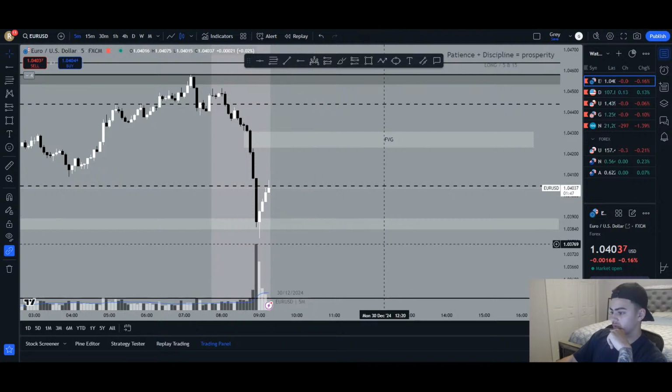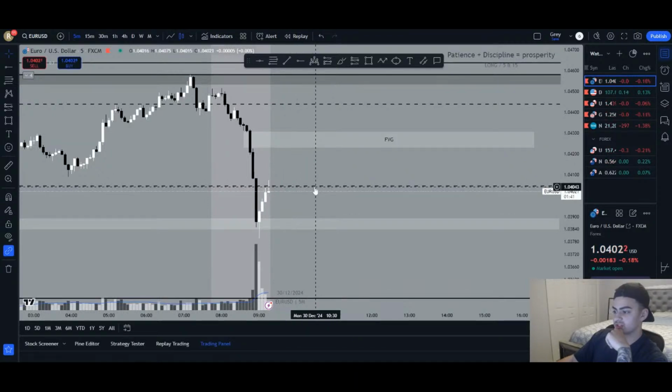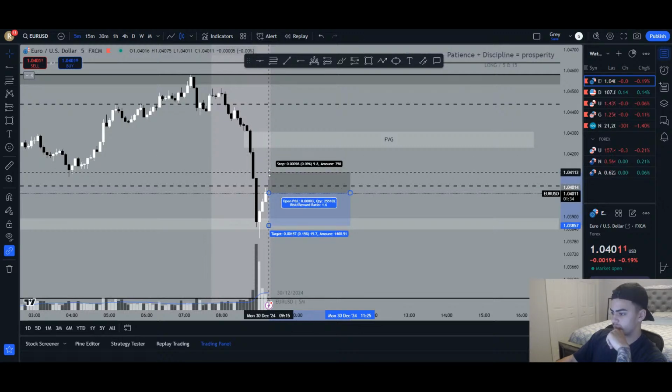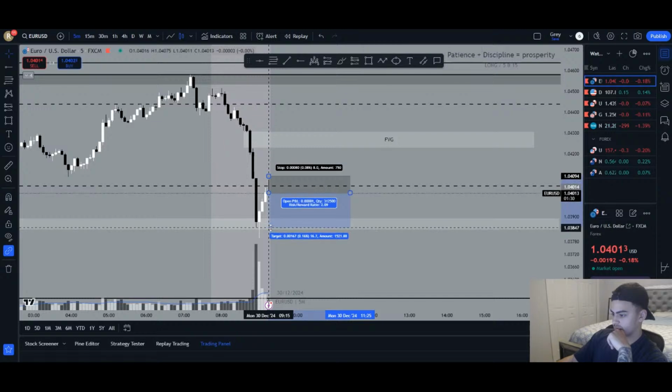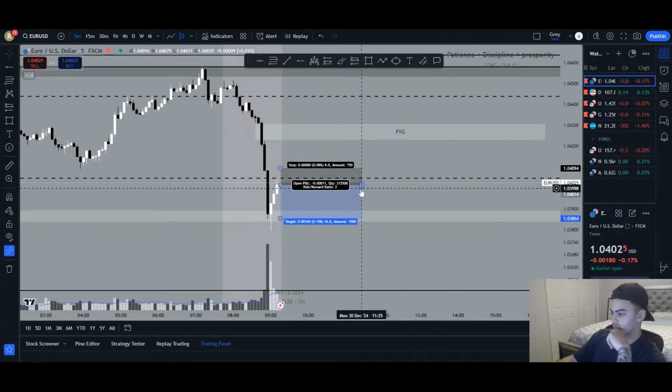Honestly, whenever this candle flips bearish, I'm entering a trade, just because it's manipulating like this. Once it turns bearish, I'll put it to like 1 to 2, perfect. Wait for it to close though.